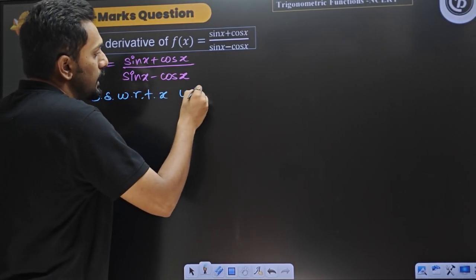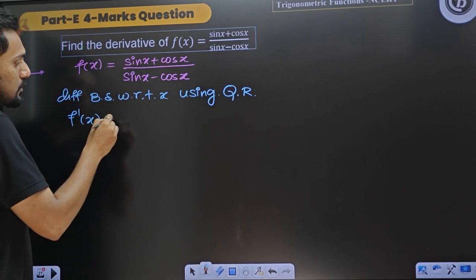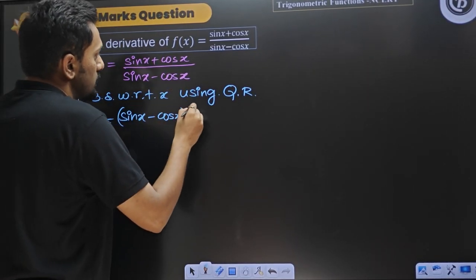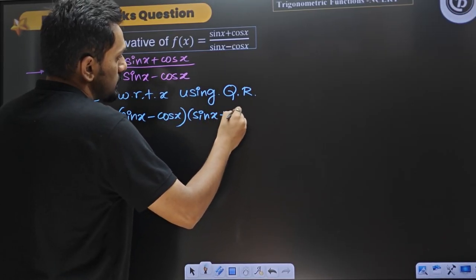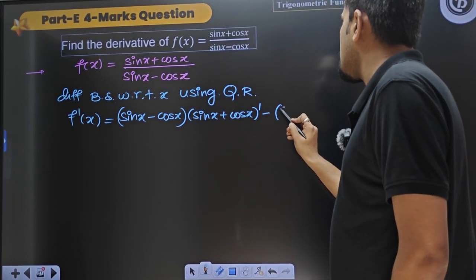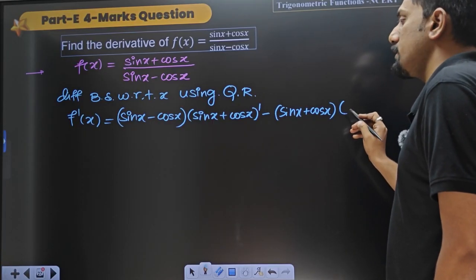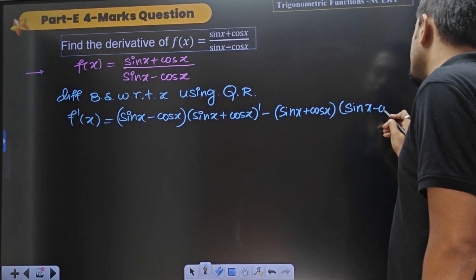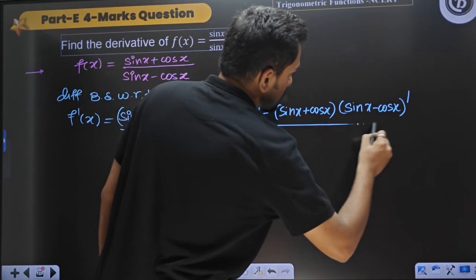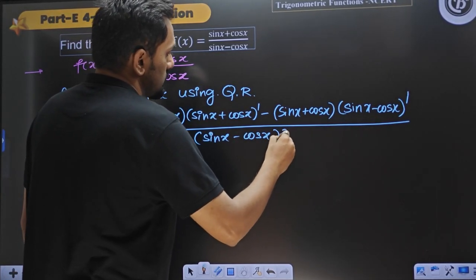Okay, using quotient rule. So f dash of x is equals to denominator as it is, sin x minus cos x as it is, derivative of the numerator sin x plus cos x the derivative, minus sin x plus cos x as it is into the derivative of the denominator sin x minus cos x dash divided by square of this, sin x minus cos x whole square.